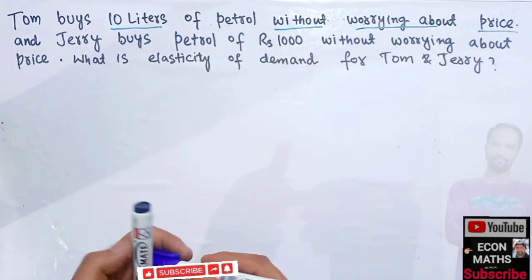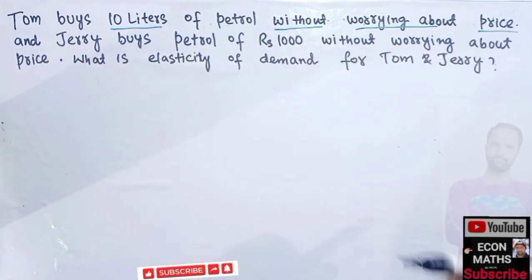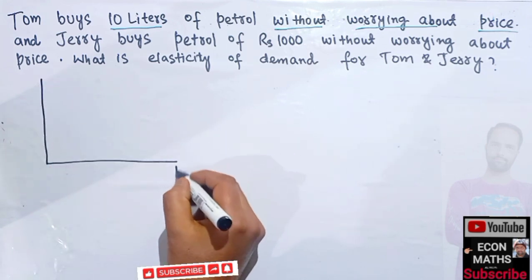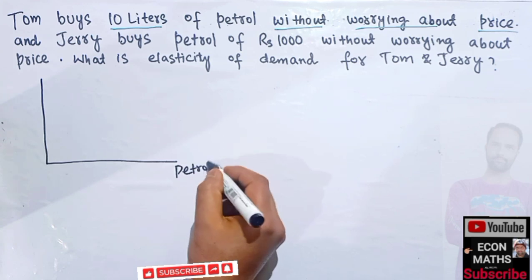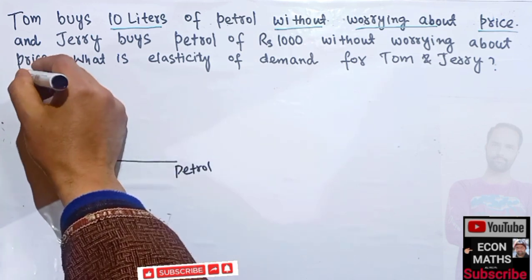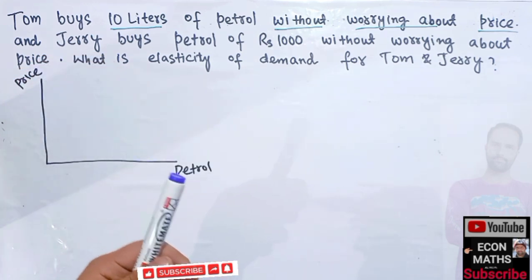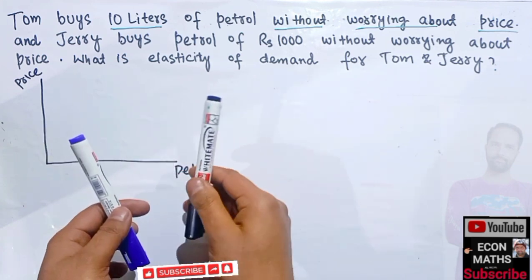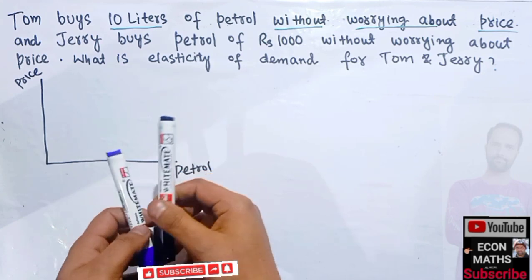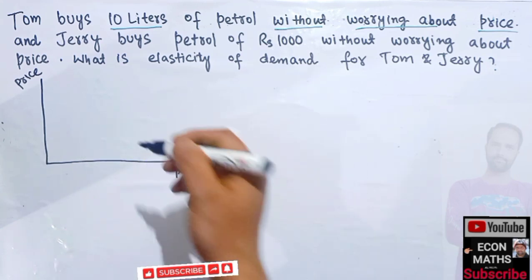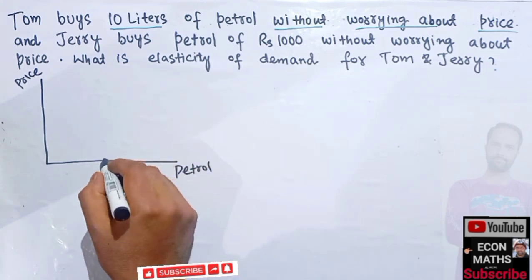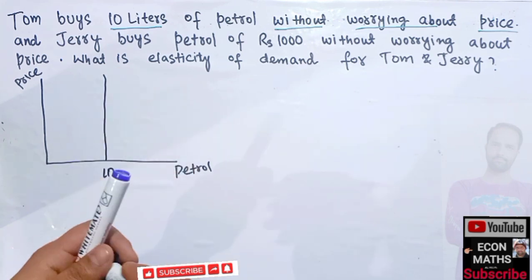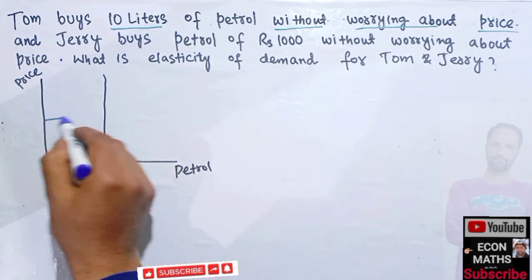Now what does this statement mean? If we draw the graph here, we have petrol on this axis and price of the petrol on this axis. We are being told that Tom demands 10 liters of petrol irrespective of the price of petrol. So if he is buying 10 liters of petrol, he is not concerned about any change in price.